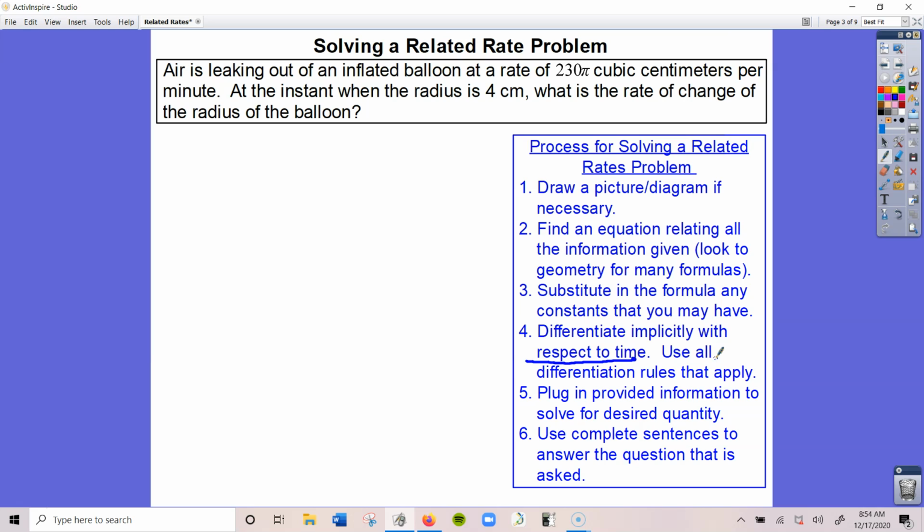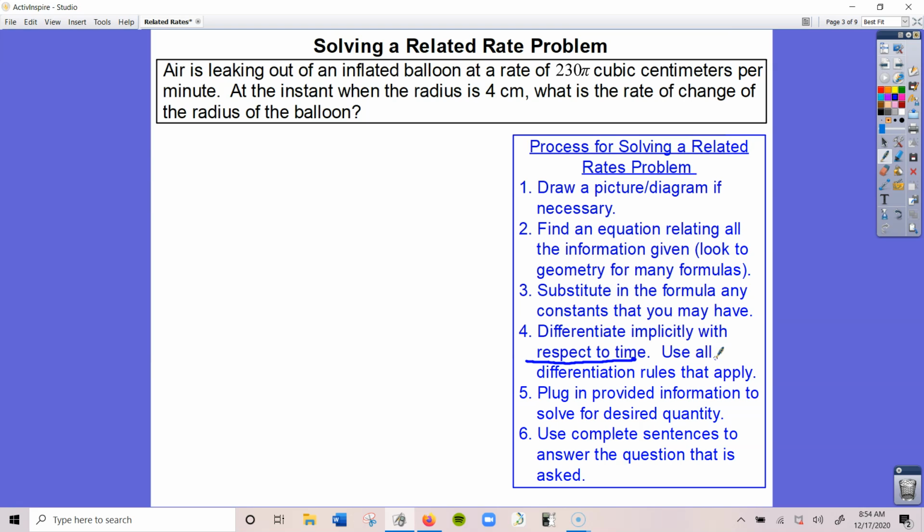Using all differentiation rules that apply, which would be product rule, chain rule, quotient rule, whatever rule. Then we're going to plug in whatever information after. You only plug in constants before you differentiate. Then after you differentiate, you plug in all of the given information from the problem and solve for what you're trying to solve for. And always use complete sentences to answer the question that is asked.